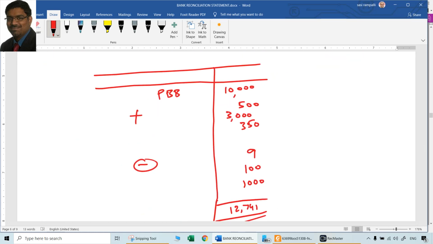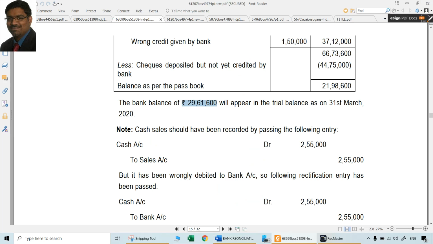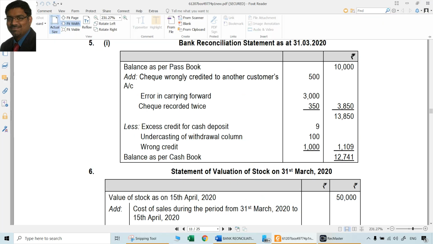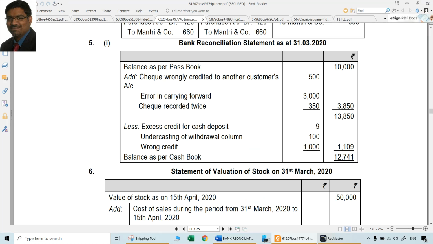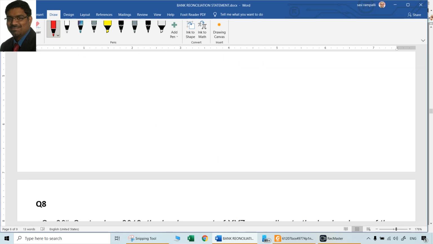All these mistakes are by the bank. But whatever it is, because of their mistakes, the balance as per passbook was definitely wrong. So the correct balance should have been 12,741. That is the correct balance. That should be there in our cash book naturally, because we did not make any mistake. That should be the balance as per cash book. 12,741. That's it. That was question number 7.